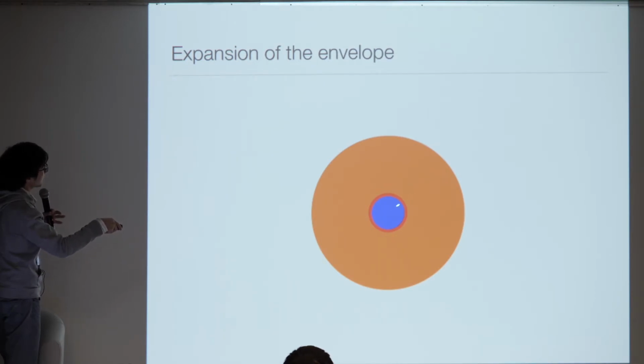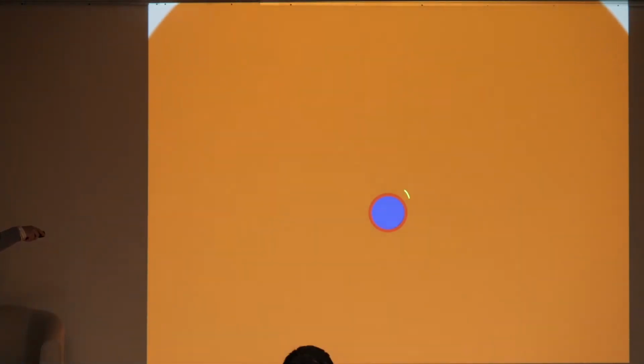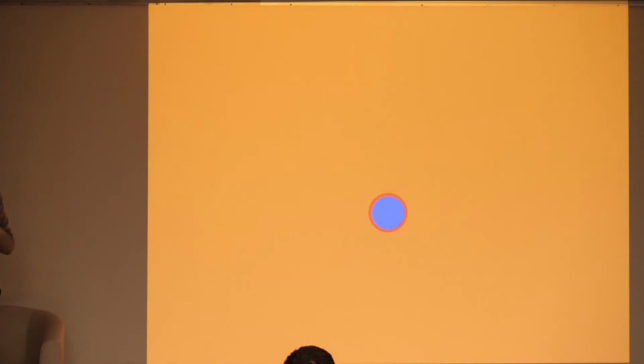So because of this shell formation, to keep this configuration, and to keep the pressure there small, the outer region of the star needs to expand, and that's why the star turns from contraction to expansion at the surface.